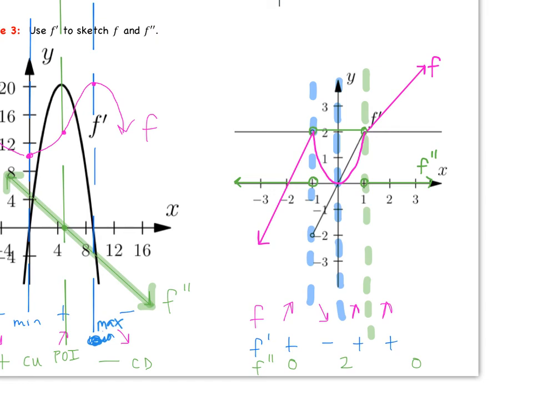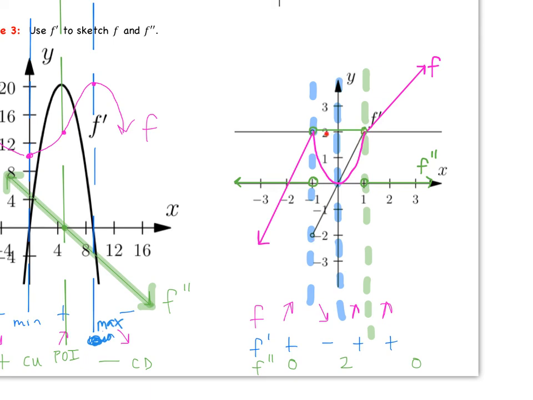Okay, so again, I broke it up, and now it's kind of difficult to see with all these other lines going on. But what you should have had was f double prime equals 0 from negative infinity to negative 1, because f is constant here. So what's the derivative of a constant? 0. Then f prime is linear from negative 1 to positive 1 with a slope of 2.